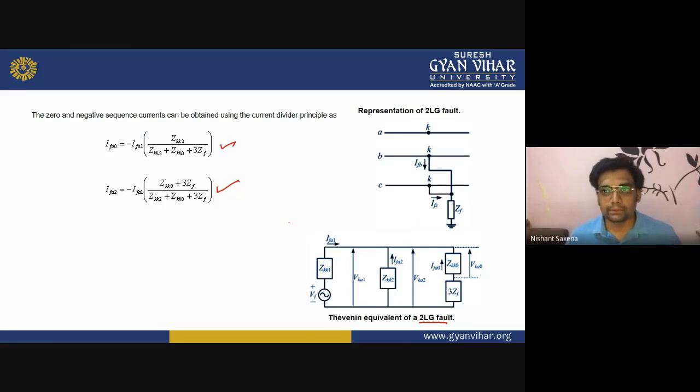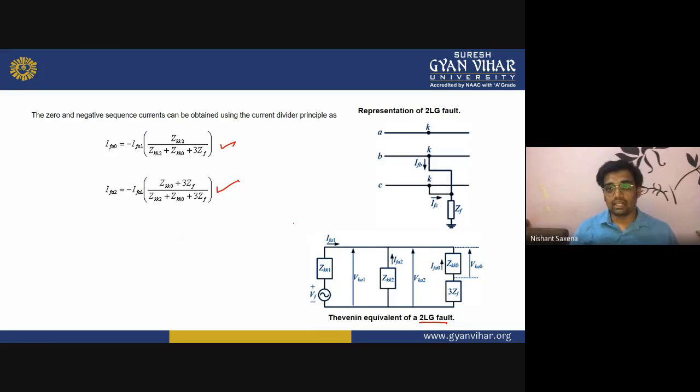I hope this is clear to you. So in the line to line fault, we have seen that the positive and negative sequence components are the same but opposite. That's why they are connected in parallel across the fault impedance.